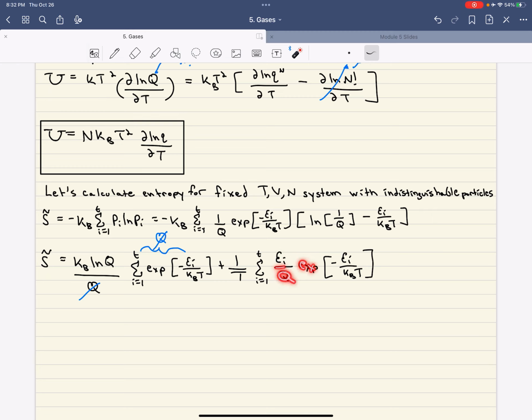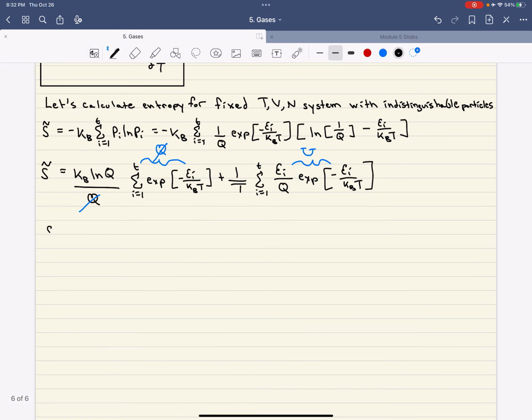Okay? The other thing I want to point out is here we have epsilon i over big Q, and then the exponential term. This, as we showed before, is just our internal energy, or one way to express our internal energy. Okay? All right, and so plugging those things in, what we get is that the entropy is just going to be equal to kB ln of big Q plus internal energy divided by temperature.